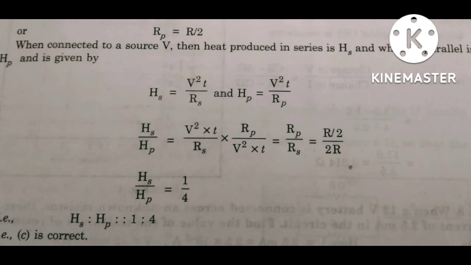When connected to a source V, the heat produced in series, suppose it is Hs, and in parallel it is Hp. And we have the equation to find the heat as H is equal to I square RT.